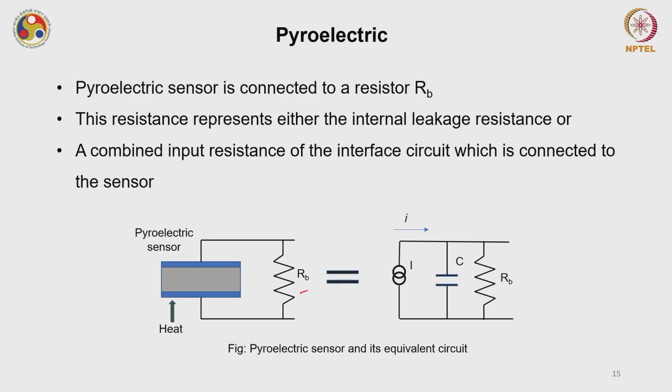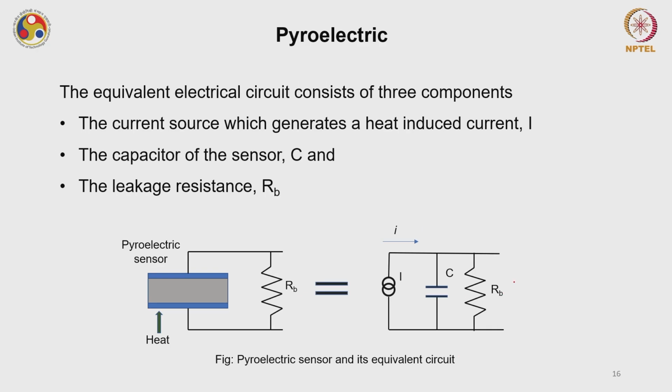And if I have to draw its equivalent circuit, I have to draw it like this. You have I, C and RB, where the current source which generates a heat induced current I is shown over here. The capacitor of the sensor is C and the leakage resistance is RB.